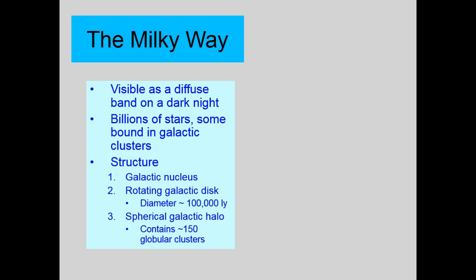Now, what is its structure? There's a galactic nucleus there, and that nucleus has to be filled with lots and lots of stars. You would think they'd be close to each other. Well, they're closer than we are to our next nearest neighbor, maybe, but still they're so far apart they're not really interfering with each other. That makes up the galactic nucleus. Then around that is a rotating galactic disk of a diameter, get this, 100,000 light years from end to end.